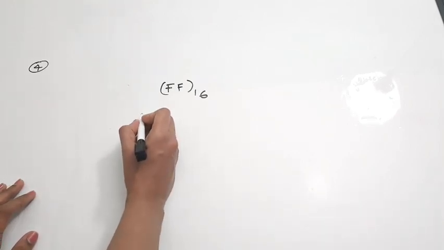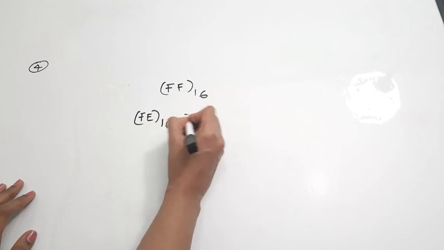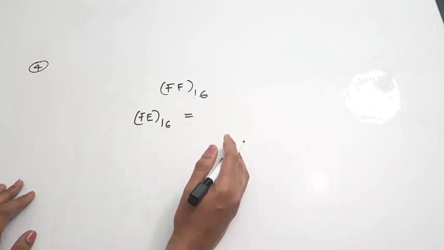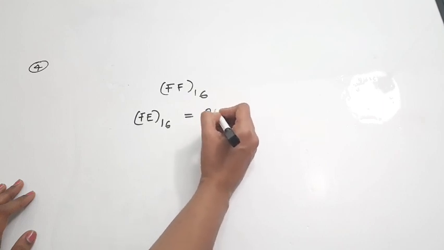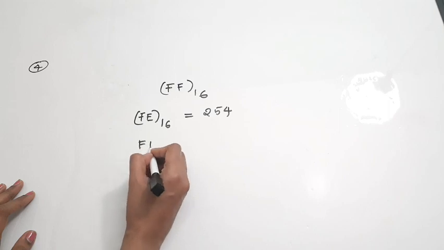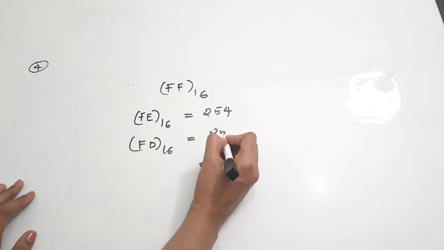I'll write the values here. FE to the base of 16, if you find the value in decimal, you'll be getting 254. Next, FD to the base 16, if you convert in decimal, you'll get 253.